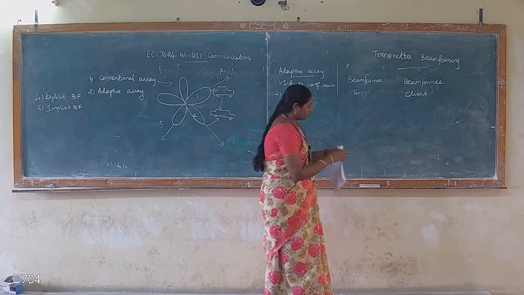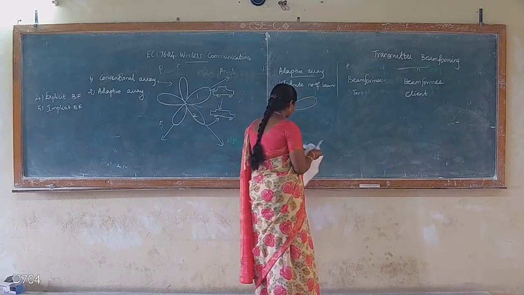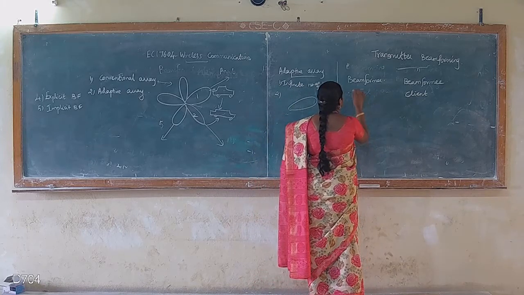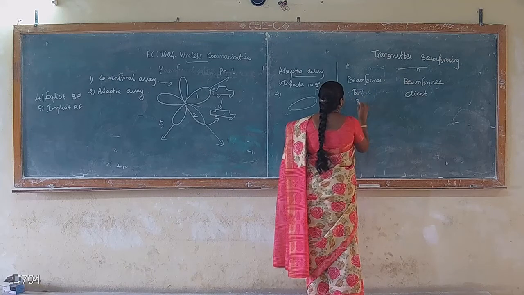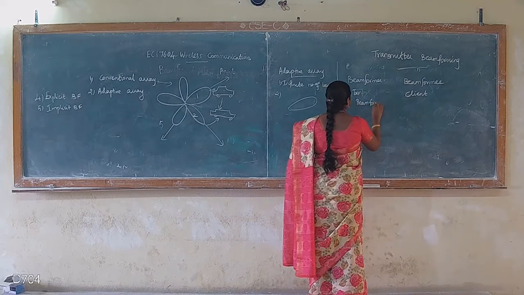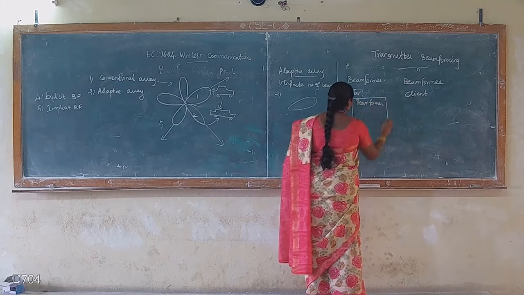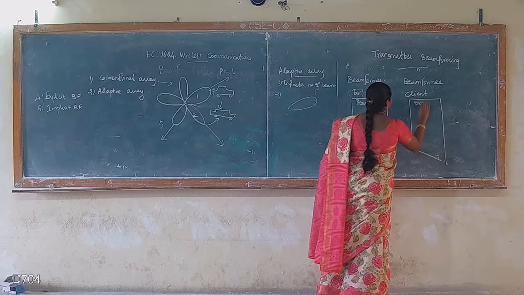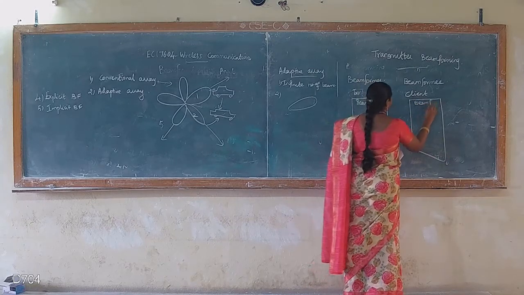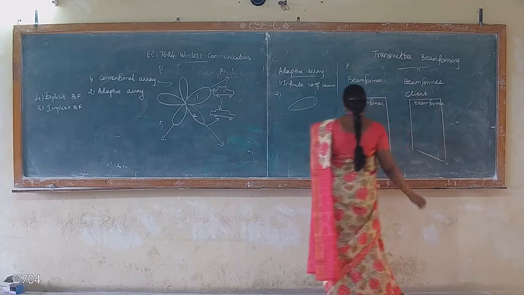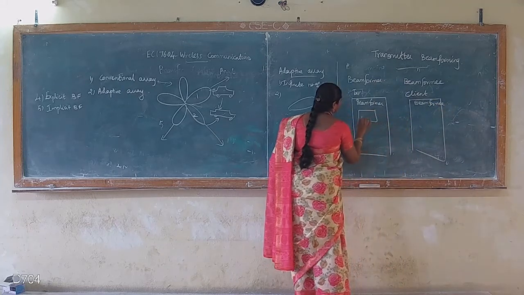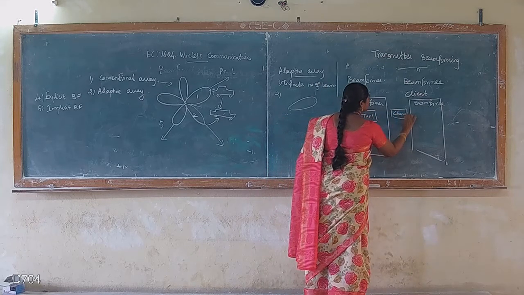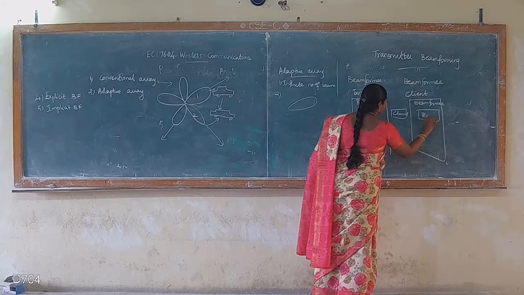So the block diagram of transmitter beamforming is: the beamformer, this is the transmitter, this is the channel, and this is the receiver.